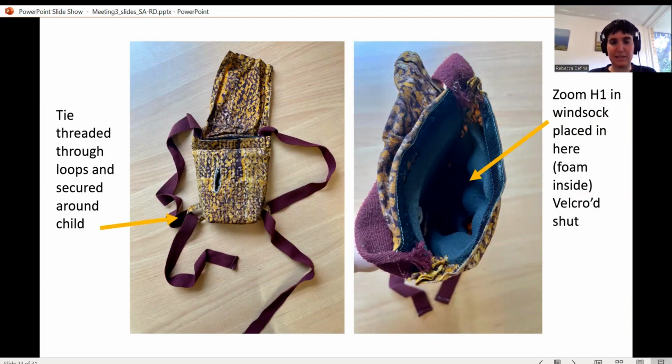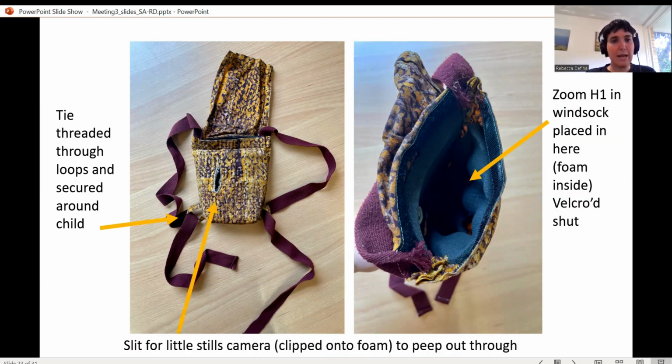And here there were just these ties which threaded through loops to secure around the child and get an adjustable fit. I was also using this little still camera, which I'll come back to later, and set a little slit there for that to fit through. I wanted the recorder more on the child's chest so that I could use this still camera.